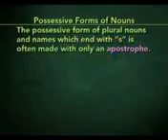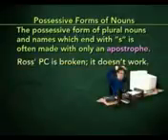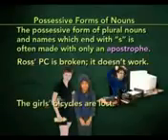The possessive form of plural nouns and names which end with S is often made with only an apostrophe. So Ross's PC is broken. It doesn't work. You see only an apostrophe, but we usually pronounce Ross's. And you'll see the girls' bicycles are lost. Girls' apostrophe.